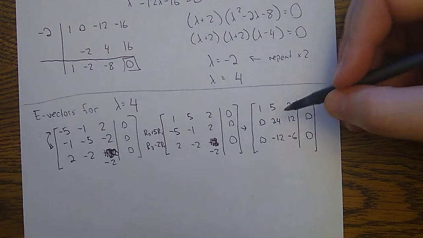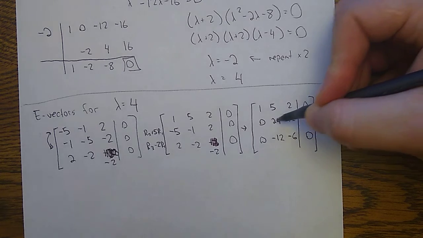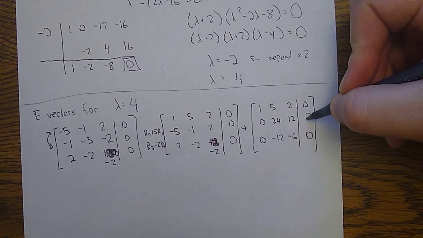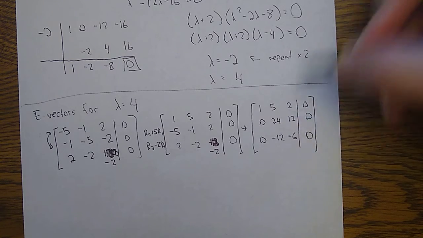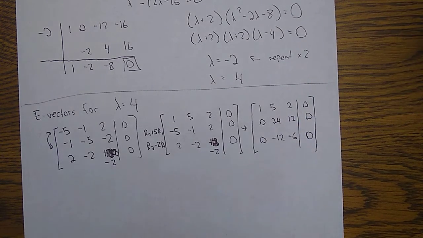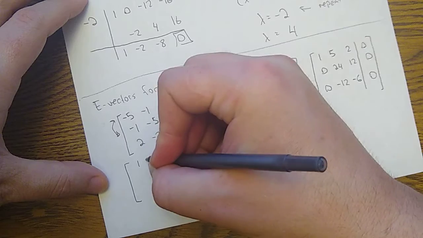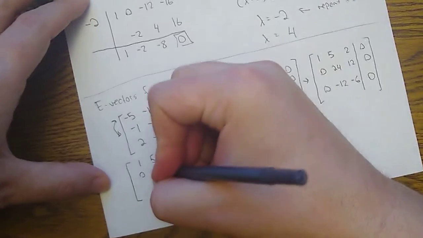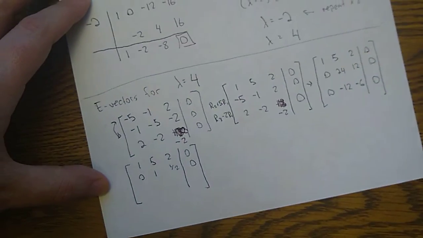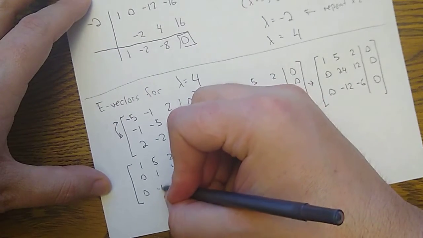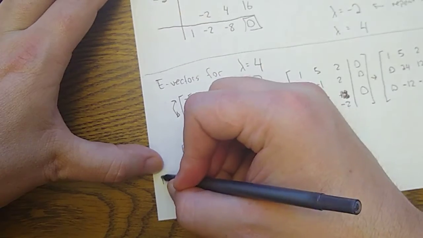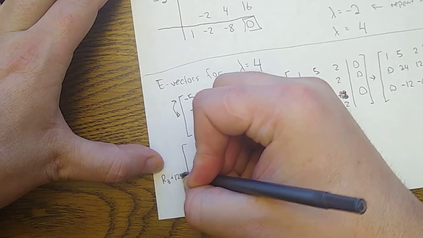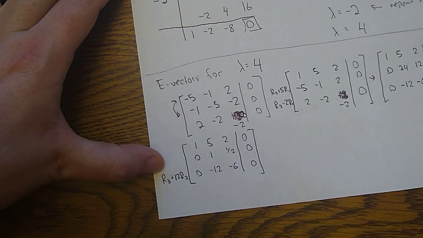So where are we? This is slightly bad, but not that bad. I'm terrified of dividing by 24, but it's not going to be that bad, because the worst fraction is a half, and as far as fractions go, a half is not that bad. So I'm here, and I'm about to do row 3 plus 12 row 2, which of course is going to zero out the bottom row.